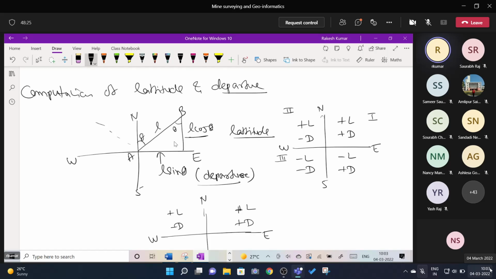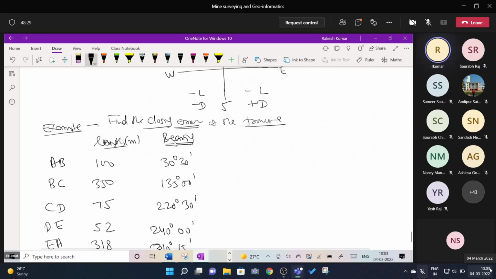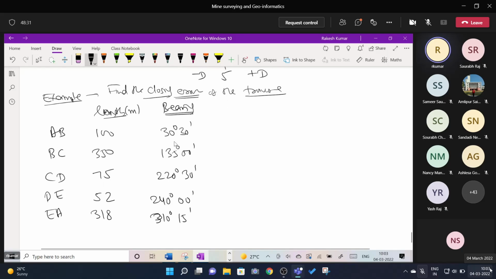Yes or no? Yes, sir. So first we have to convert this bearing to the quadrantal bearing. I have to find the reduced bearing. So what will be the quadrantal bearing of this? Tell me the quadrantal bearing.